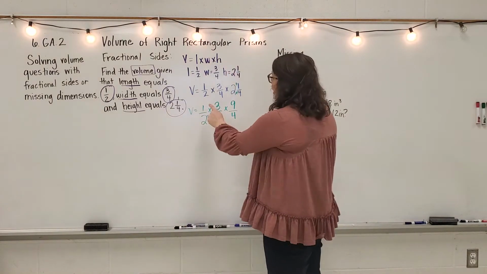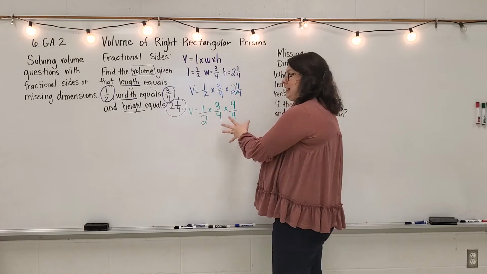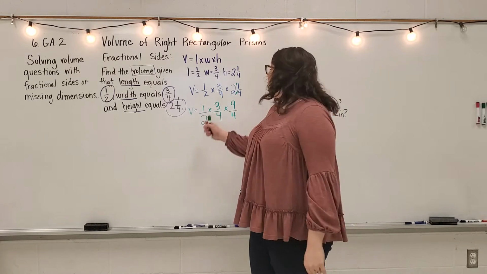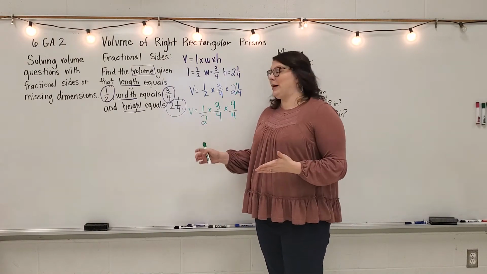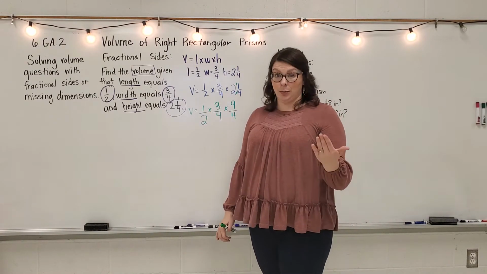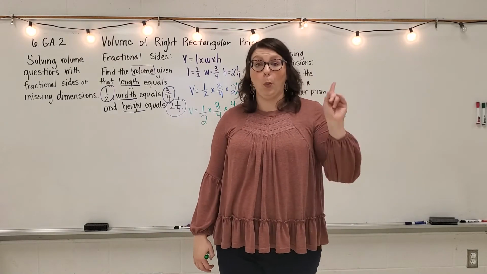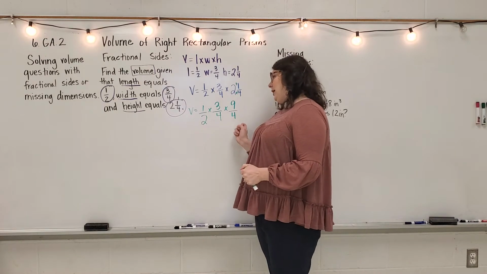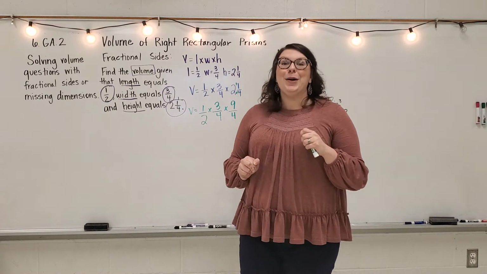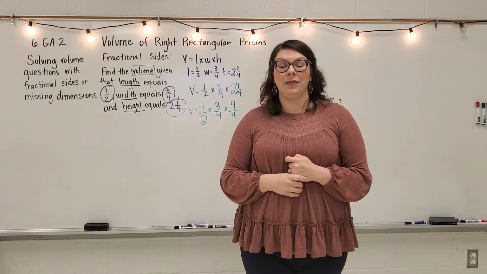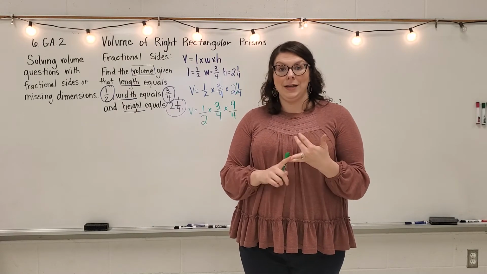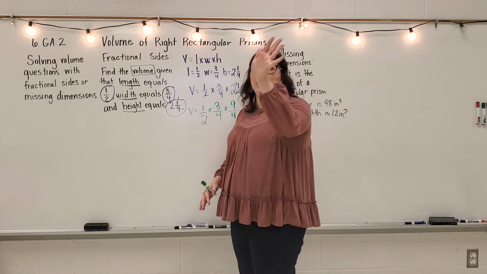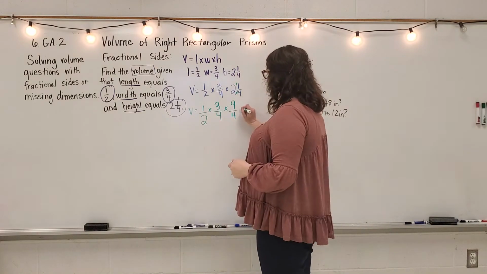In this case, 1 cannot be divided by anything because it's only divisible by itself. 3 cannot be divided by any of our denominators because it is a prime number, which means it's only divisible by 1 and itself. 9 cannot be divided by any of our denominators because it only has the factors of 1, 3, and 9. So I'm not going to worry about simplifying. I'm just going to multiply across.